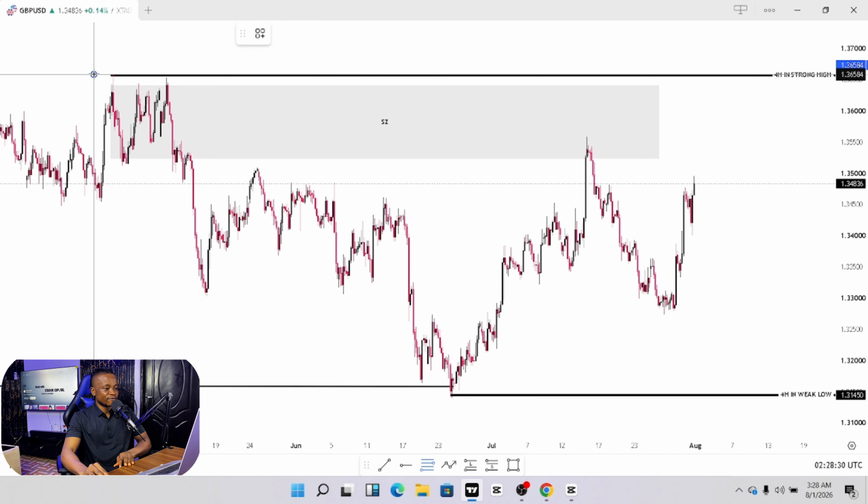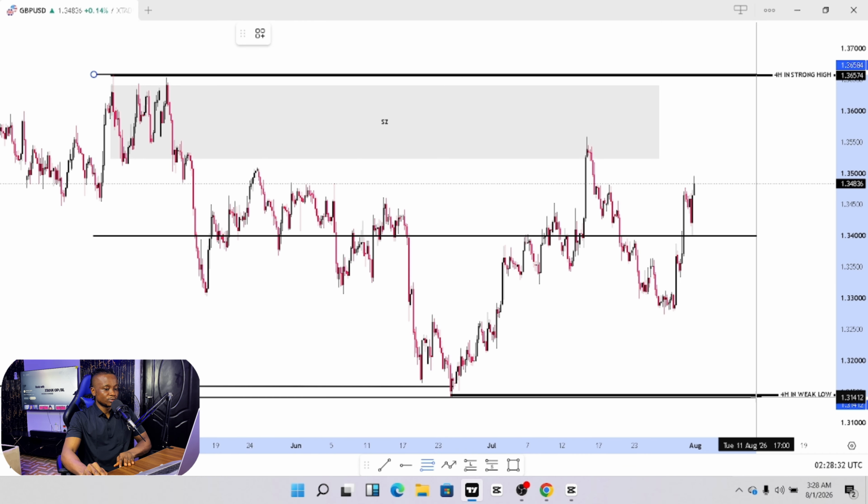If I plot my fib from point A to point B, in as much as GBP USD pro structure is bullish, the substructure remains bearish. This was the reason why we were bearish on GBP USD last week.